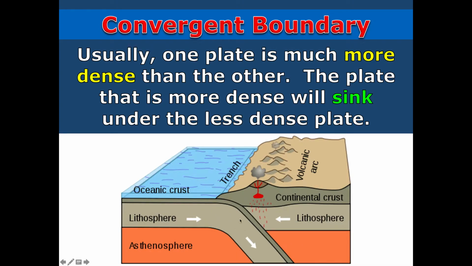And so that wet plate goes to subduct down, and as it goes down into the asthenosphere, it melts and rises up. And so this crumpling mountain range that's happening because of this convergence will turn into a volcanic mountain range, because the melting of that subducting plate will come up and have volcanoes. Just like so.